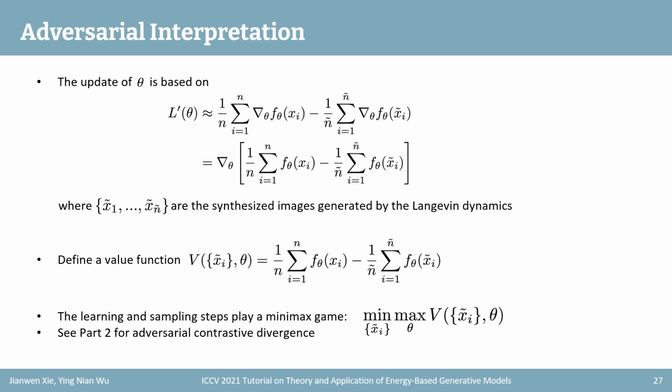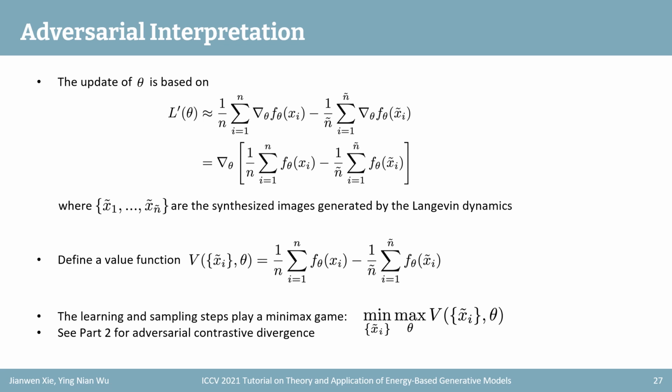If we take out the gradient sign of the summation operator and define a value function V, which is a function of the synthesized examples x tilde and the learning parameters theta, the gradient of the value function is equal to the gradient of the log likelihood.